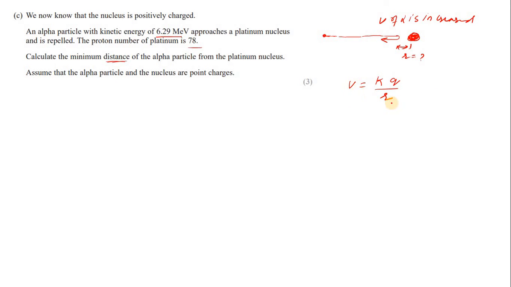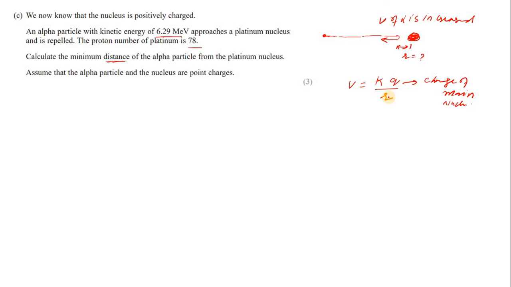But remember, in this formula, V is the potential of alpha, but Q is the charge of the main nucleus, the charge which is creating the field.